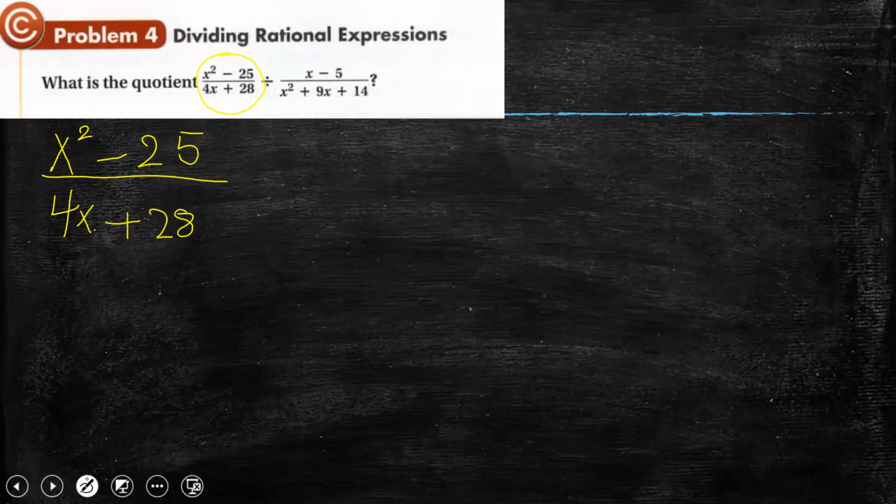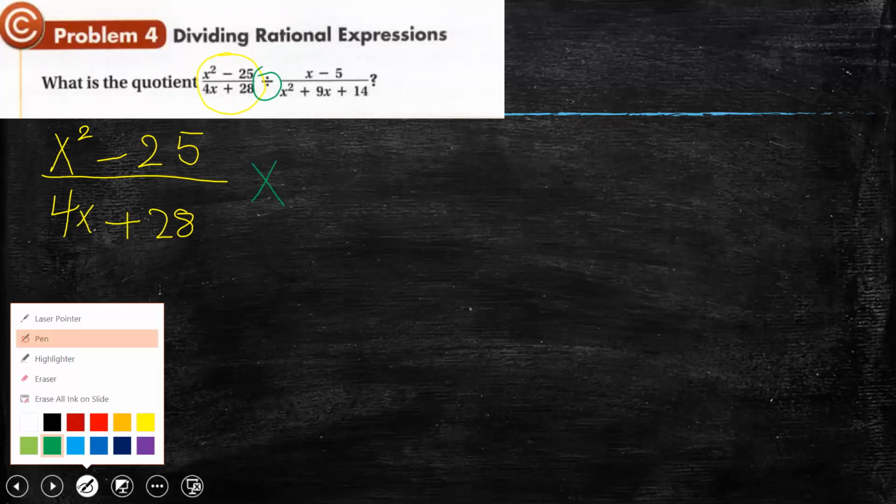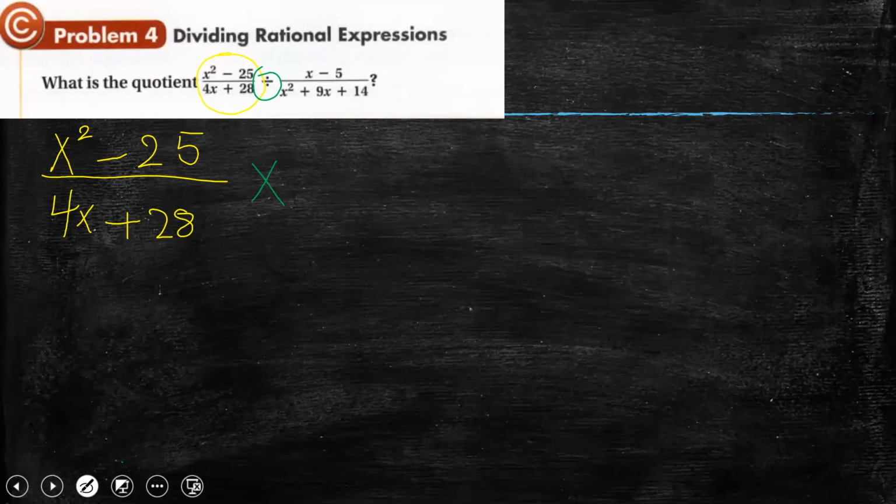Then change the division to multiplication, and write the reciprocal of the second fraction. What's the meaning of reciprocal? I keep the denominator as the numerator; you have to flip it.